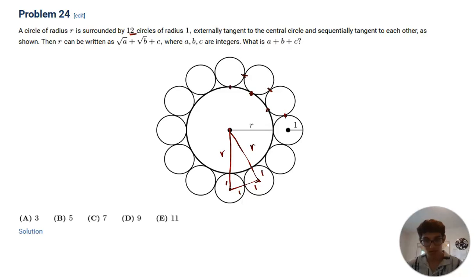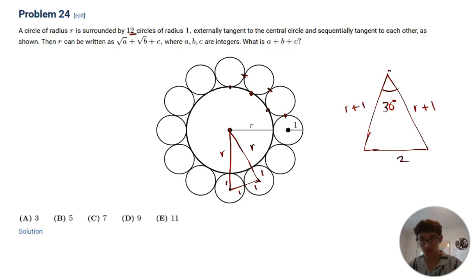Based on this, it's pretty clear that we've got a triangle like this. Maybe this is the path that you had as well, and it makes a lot of sense at first, because now you can apply the law of cosines, and you'd get something like this.